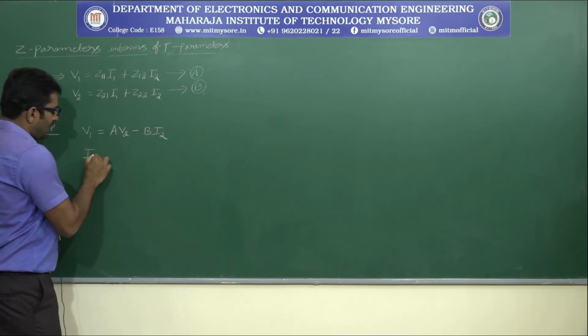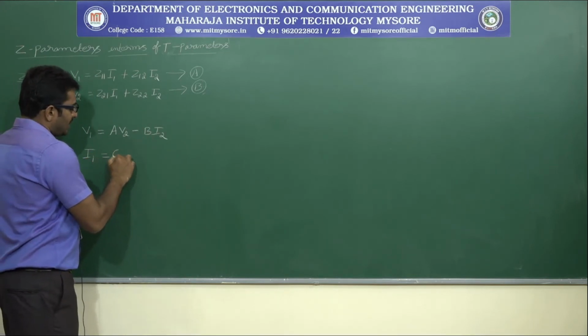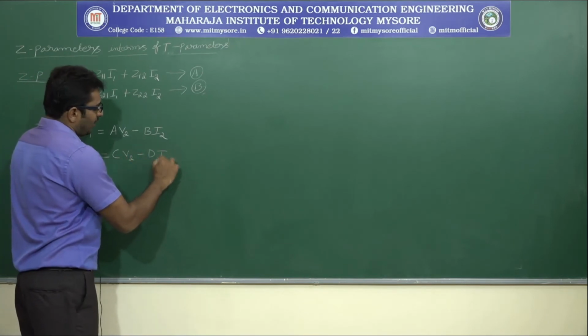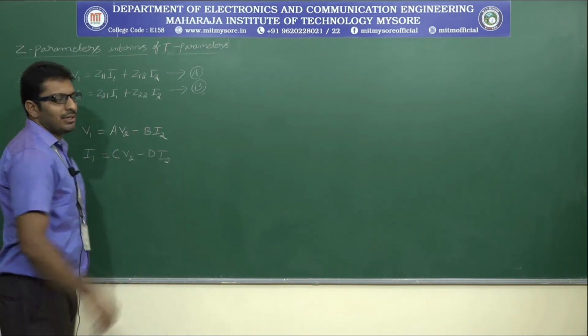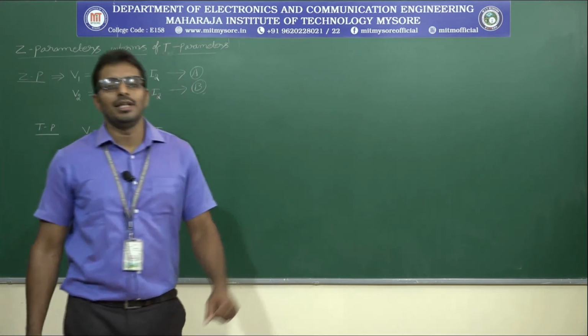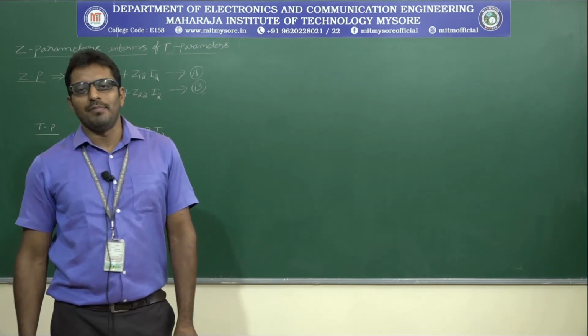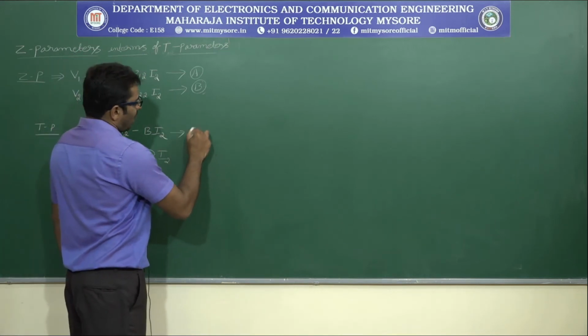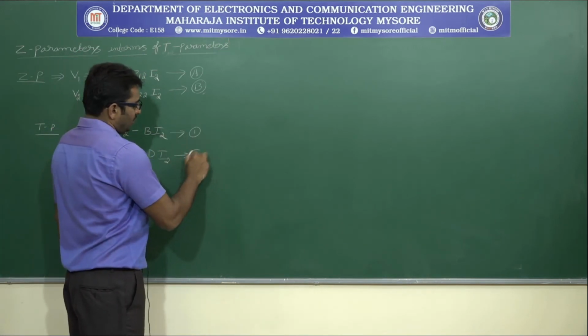Next, I1 is equal to C V2 minus D I2. You know why there is a minus sign; we already discussed it while discussing the transmission parameters. Call these equation 1 and equation 2.